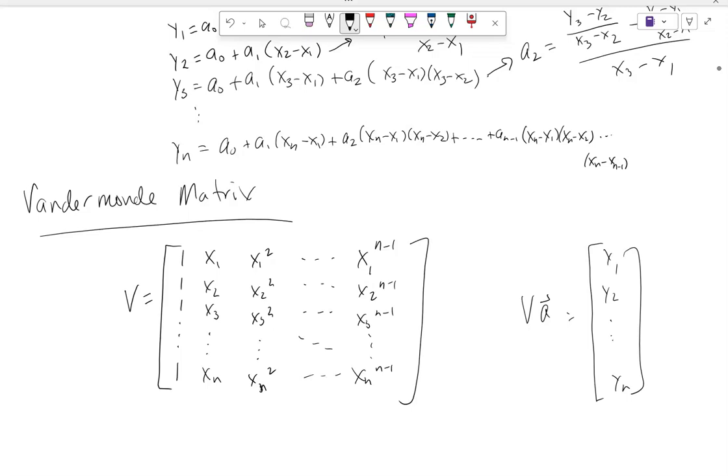This works fine for small systems. For larger systems, it starts to get really, really bad. Our main method for solving a system like this would be to take the inverse of the matrix. It's always going to be square. It's always going to be invertible as long as you have distinct x's. So we want to take the inverse.